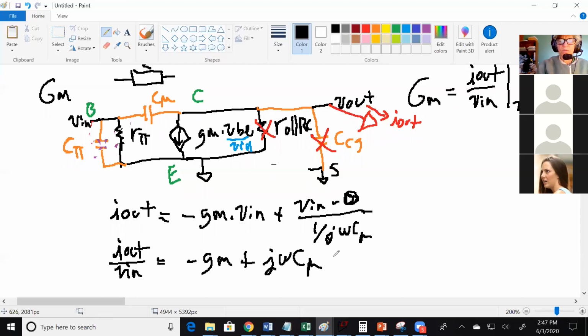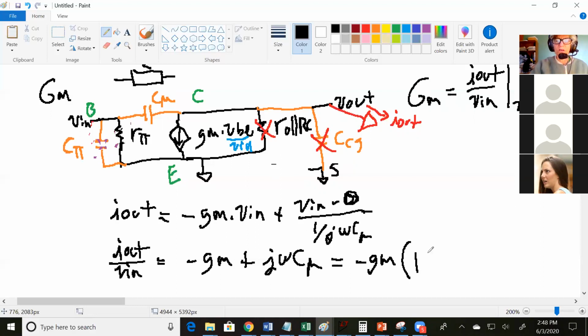And just like with the resistance that we found, big R out, just as a habit, it's good to pull out the old GM. So if you just had a common emitter, what's big GM of a common emitter? Negative GM. So I'm going to pull that out.